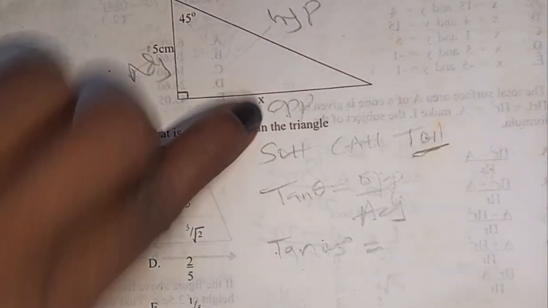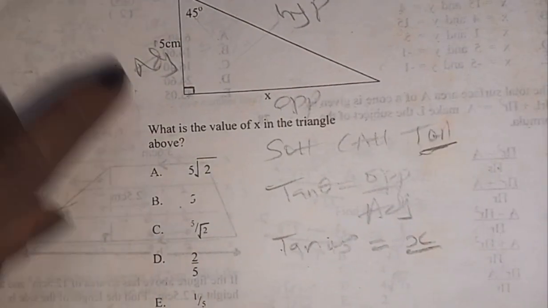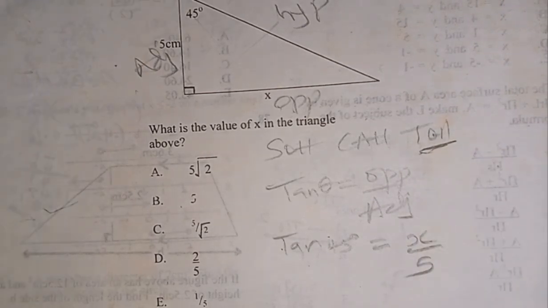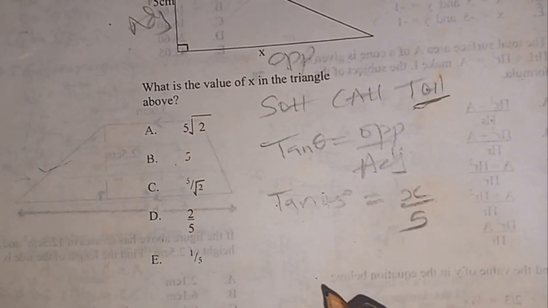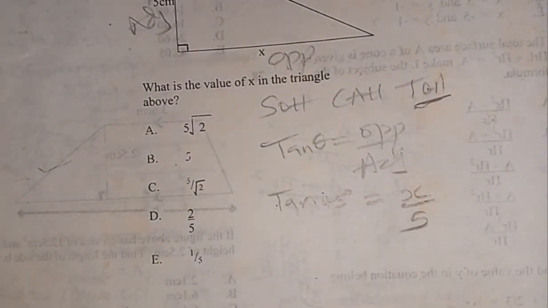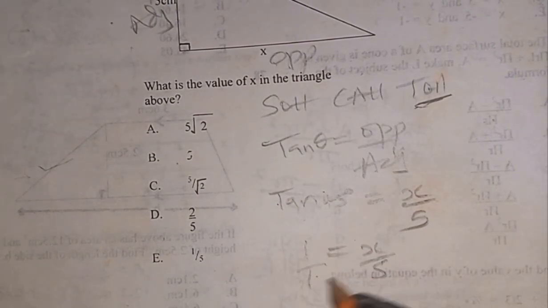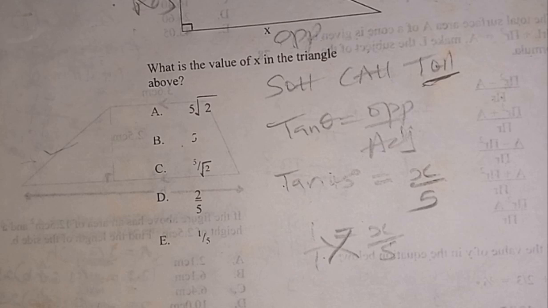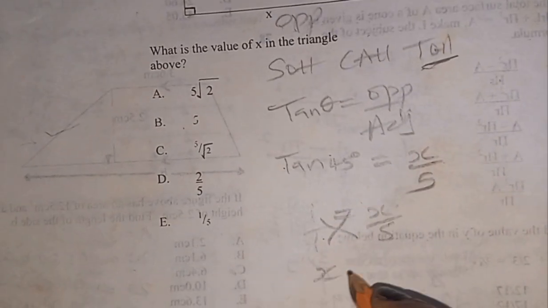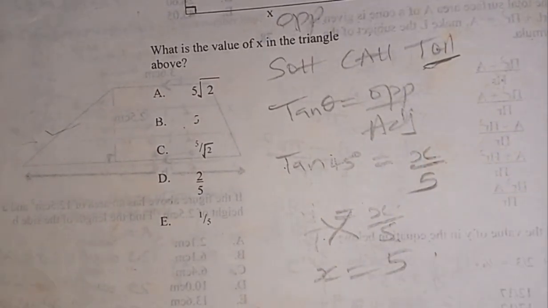Our opposite is x and our adjacent is 5. So tan 45 is 1 in the mathematical table. Then I cross multiply. 1 times x is x, then 5 times 1 is 5.